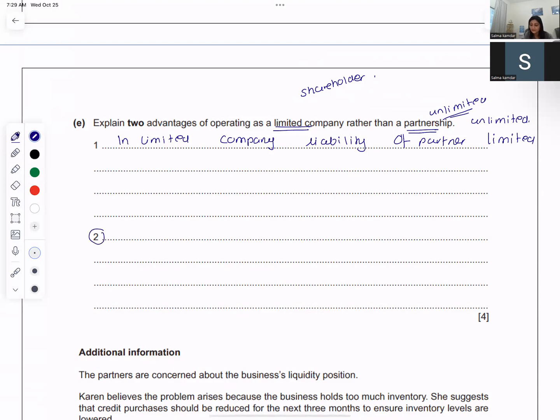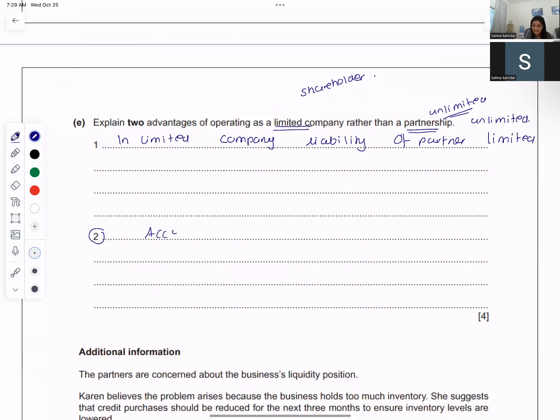Another advantage of a limited company is that it has access to larger finance. Why? Because they can raise money from the public.